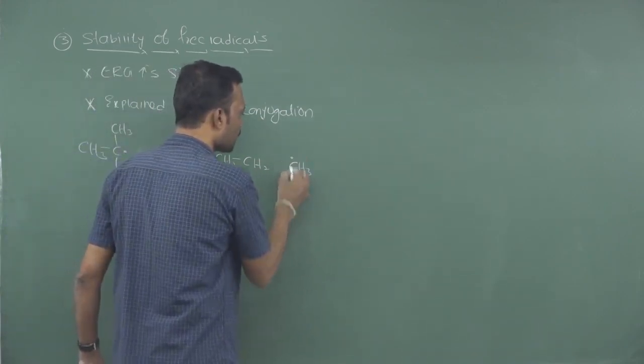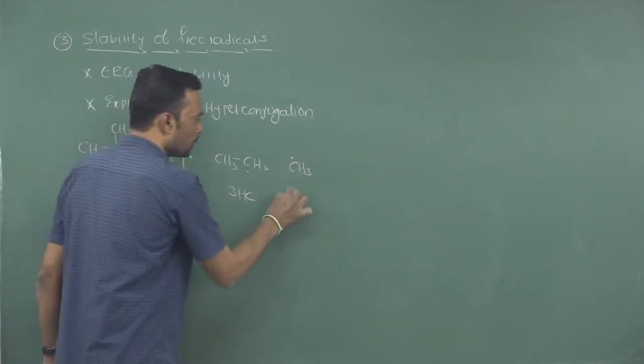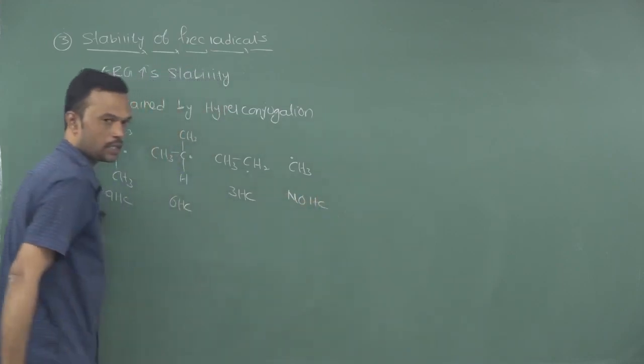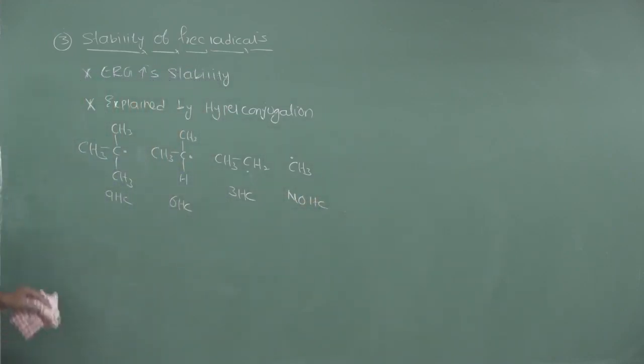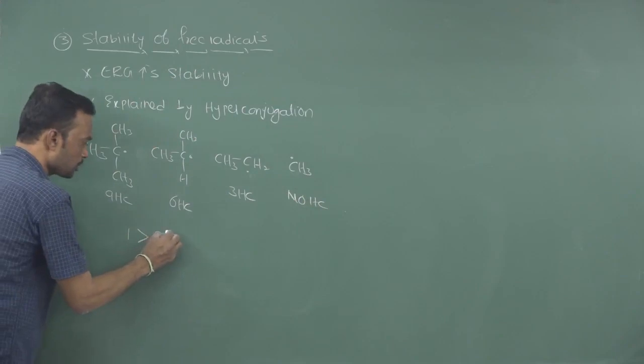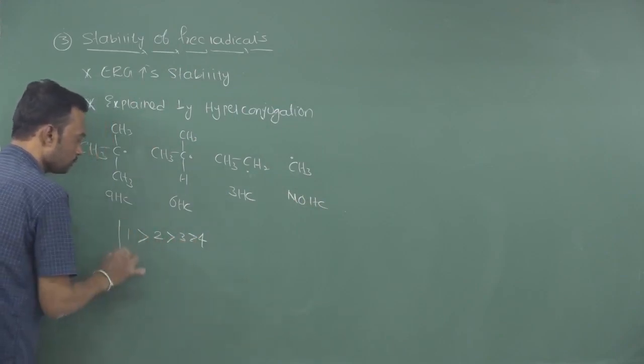And if I write 3 hydrogens around carbon, how many hyperconjugations? No hyperconjugations. As the number of hyperconjugations increases, stability increases. Can I say the first one is more stable than the second, third and fourth? That is the answer.